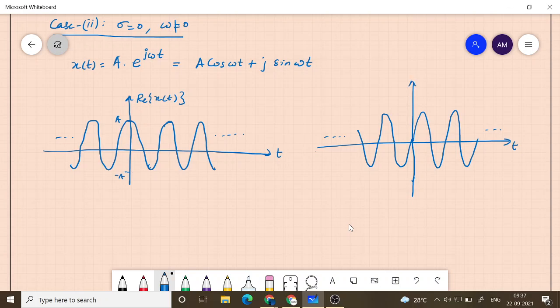So this is the imaginary part of x of t.